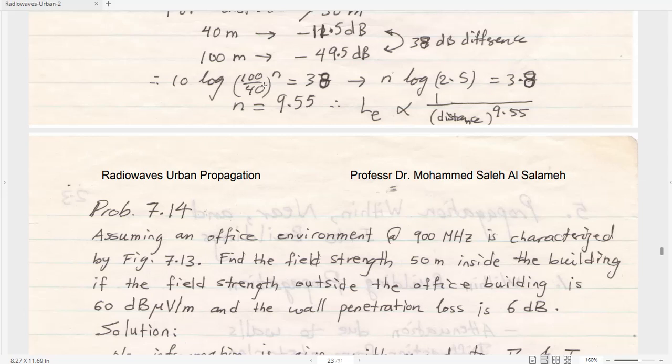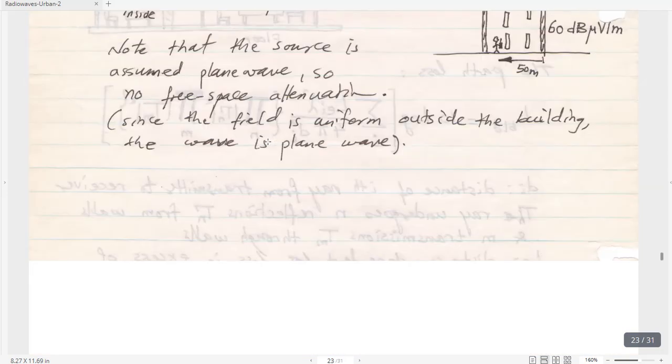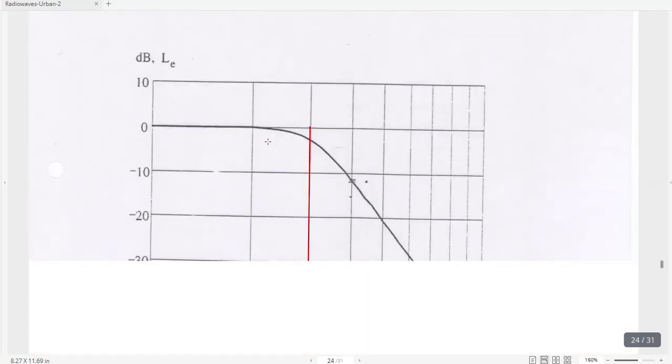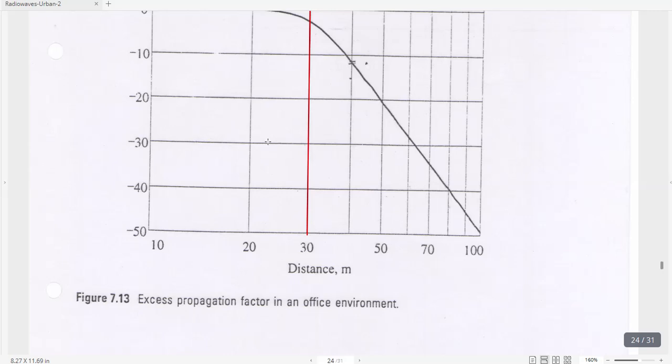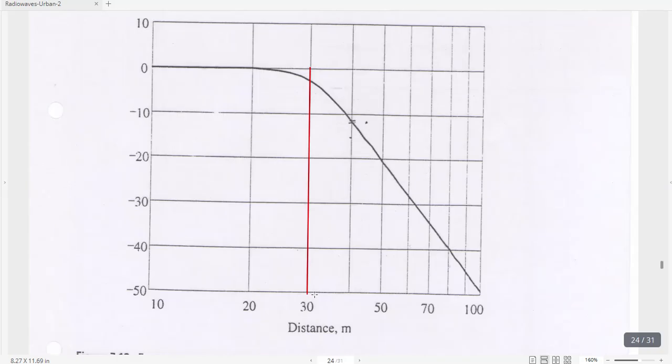Here we want to find the exponent of the power law as we learned before. At 40 meters here, this is 30, 40, 50, this is a log scale. This is the 40 meters here, and here is the value. This axis is linear, 0, minus 10.